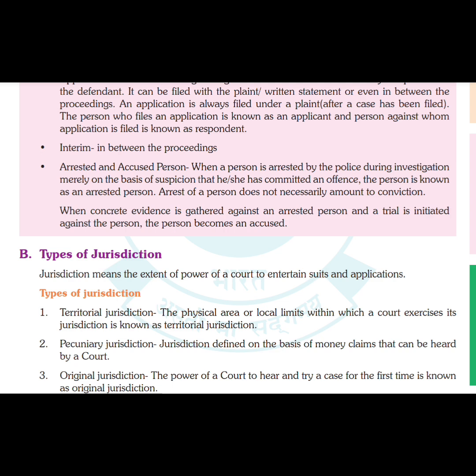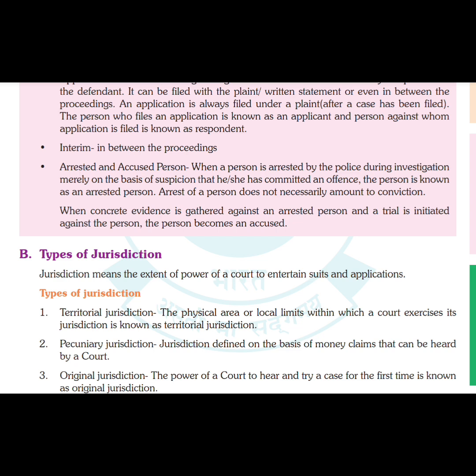Arrested and accused person. Arrested means the person is in the custody of police during investigation of the case, right? It is on the basis of suspicion that you may have committed an offense or wrongful act. So I am arresting you so that I can question or interrogate you during the investigation process.